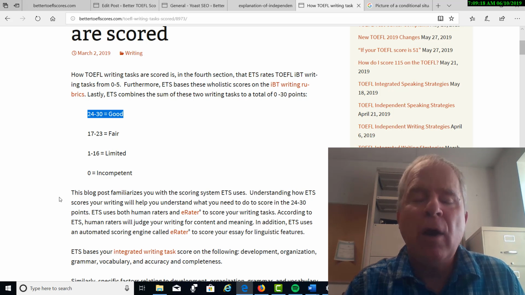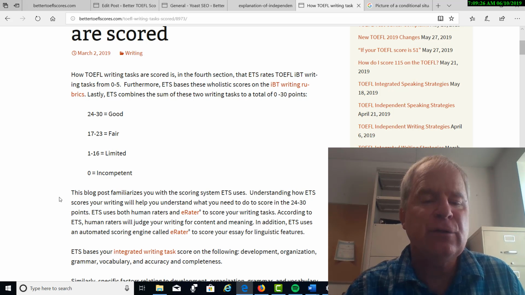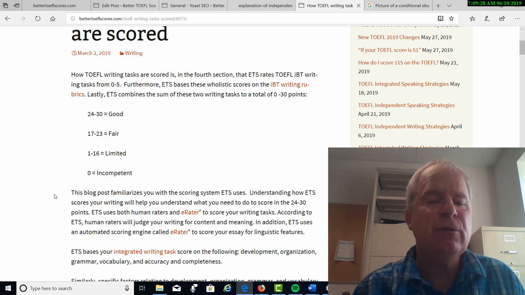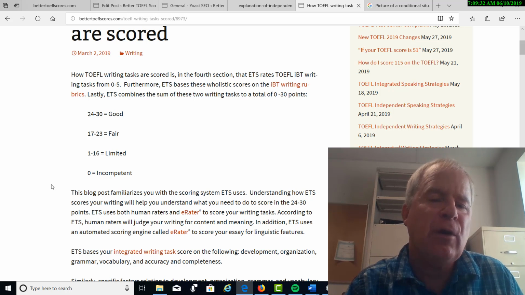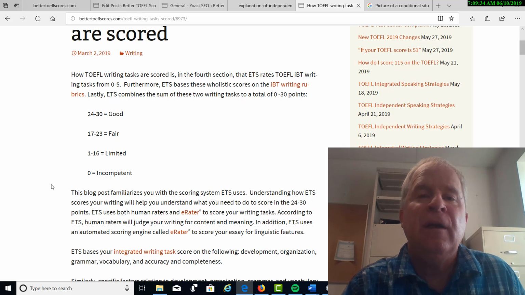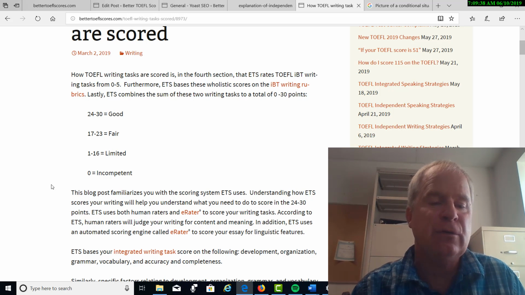It's also E-Rater. E-Rater is ETS's scoring engine that they use to read and score your writing. So you need to understand really two things here. What are the human raters looking for when they score your essay? And then what does E-Rater look for when it scores your essay?